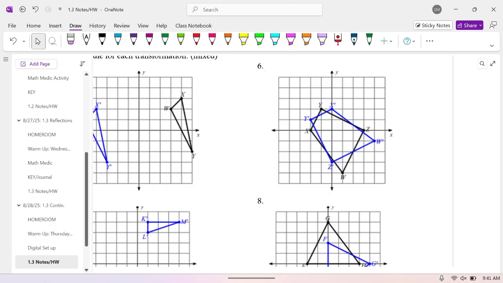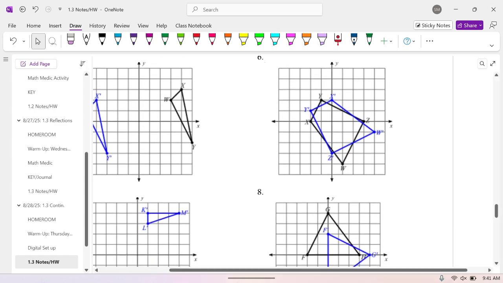If you get a positive slope, that means you are going from y equals negative x.